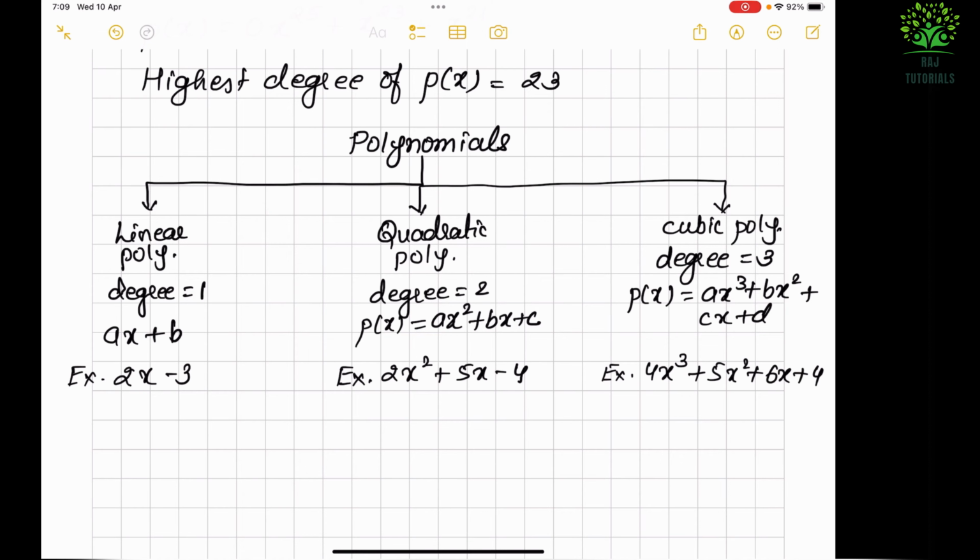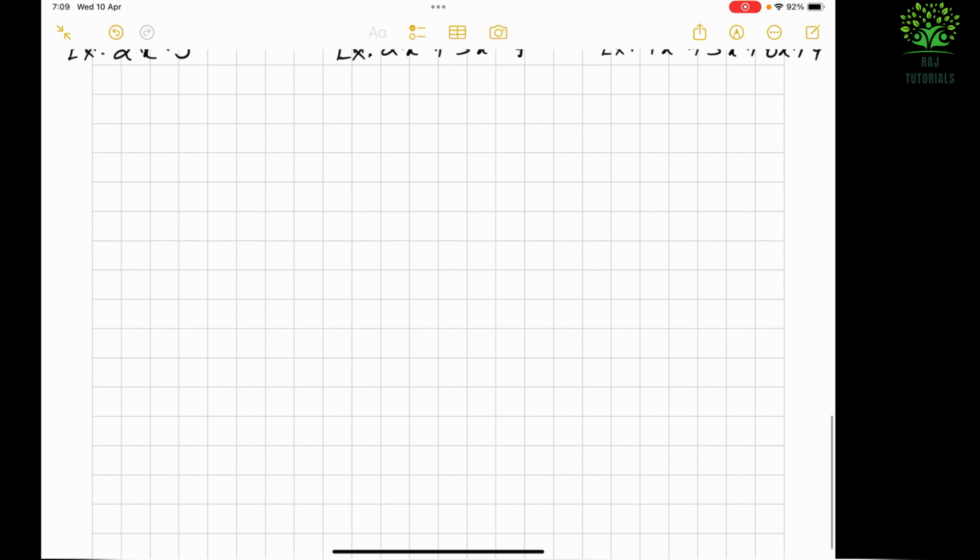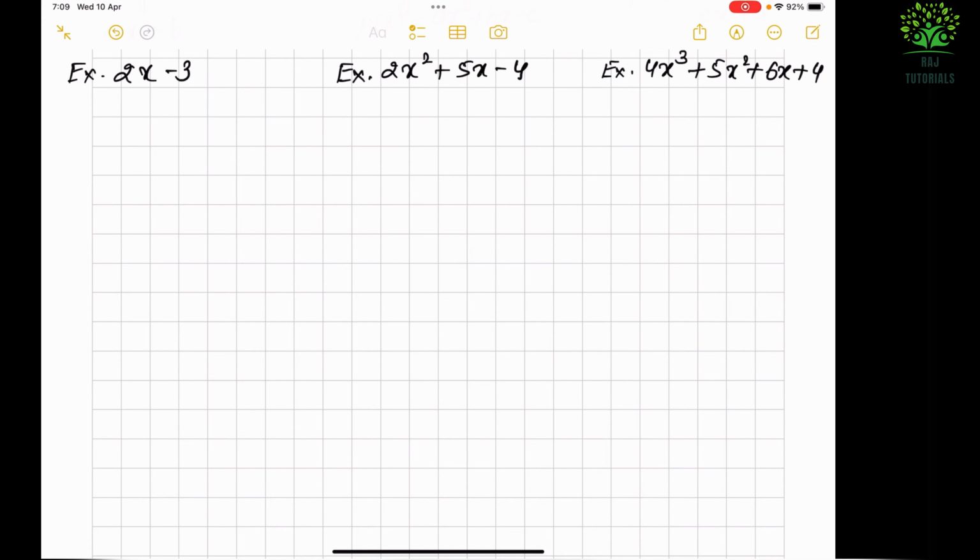But related to class 10, we are only asked about quadratic polynomials in the 24-25 syllabus. So now let us discuss zeros of a polynomial.